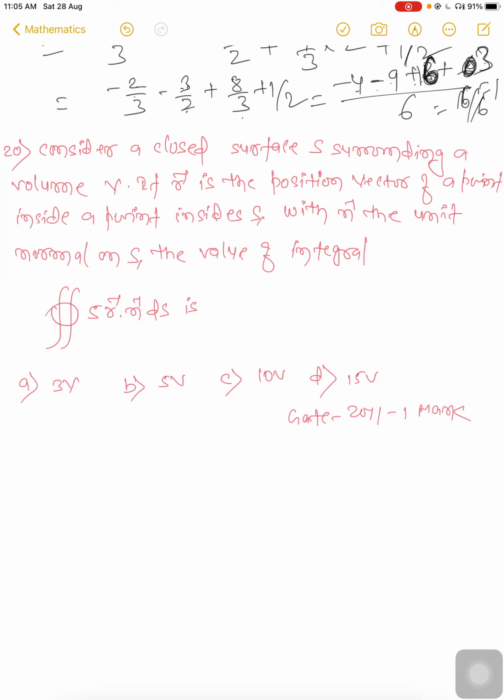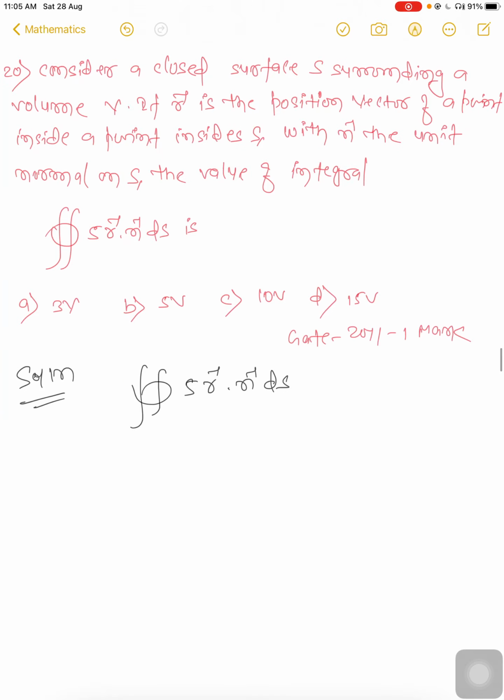Now, consider a closed surface S surrounding a volume V. If R is the position vector of a point inside S with unit vector normal to S, the value of the closed surface integral of R dot ds is?